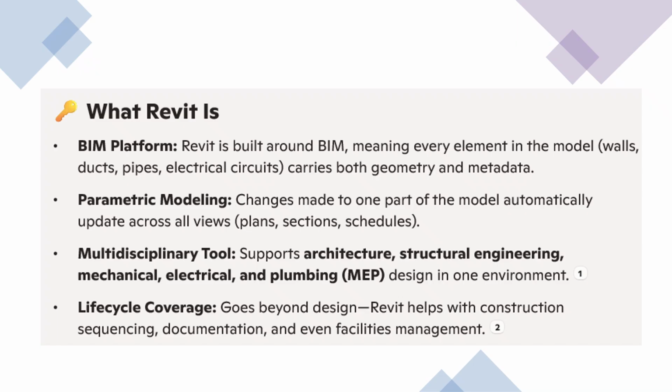Now, you're not just drawing, you're embedding intelligence. Second, it's built on parametric modeling. This is a game changer. When you modify a component, say a duct size or a room boundary, Revit automatically updates every related view, plans, sections, elevations, and schedules. No manual chasing, no missed updates.